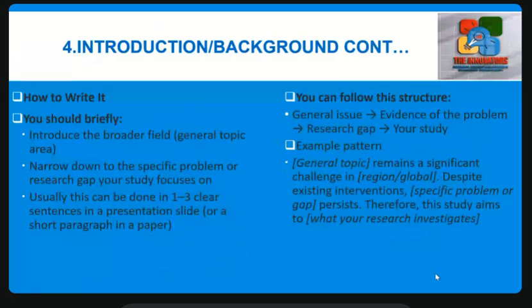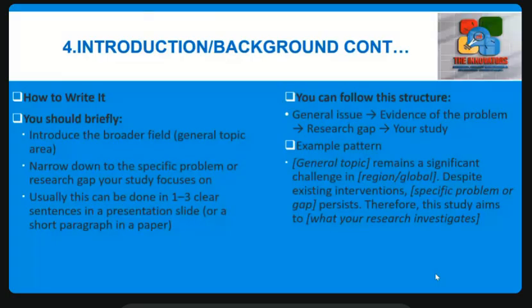How to write it? We start by introducing a topic in a broader or general area, then narrow the topic down to a specific problem or a research gap, and here we focus on our objective. It can be clear in 1 to 2 sentences, depending on the journal guideline.